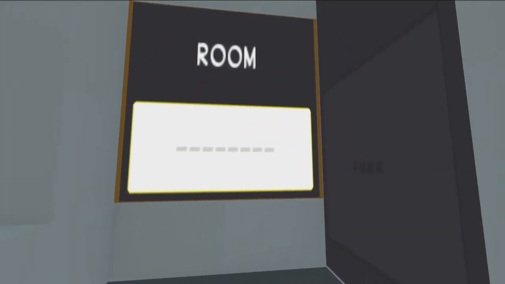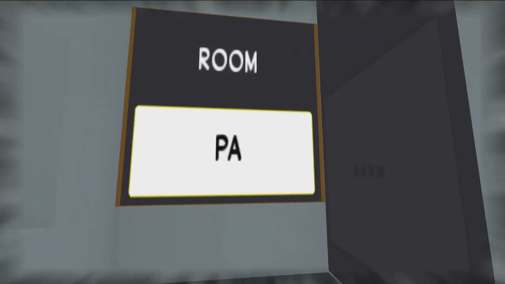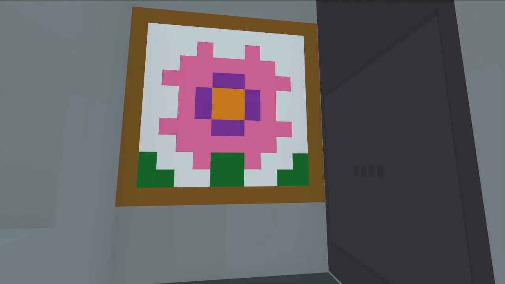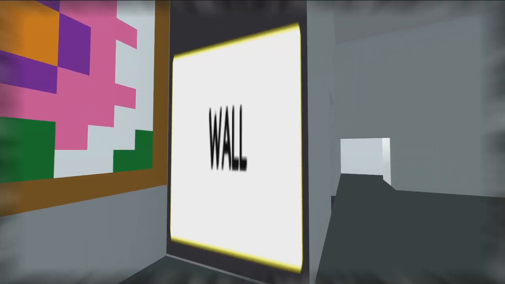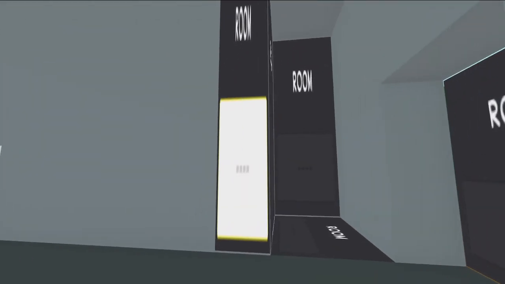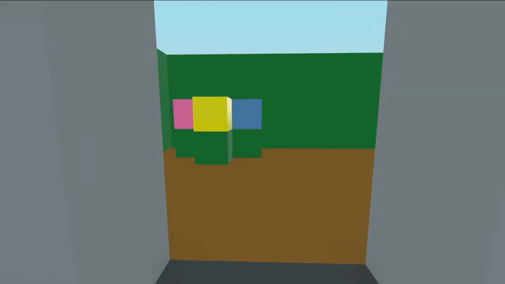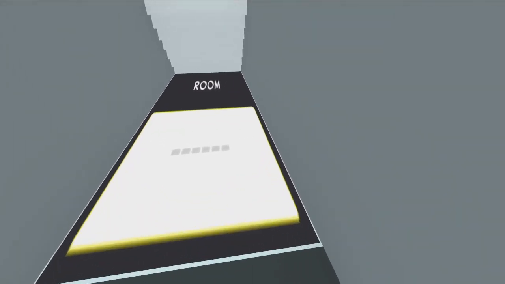Okay. This is a painting with the flower. This is another wall. Okay. This is a wall. This is a wall. This is a floor. This is crazy. This is a door. Okay, which goes out to a flower garden.